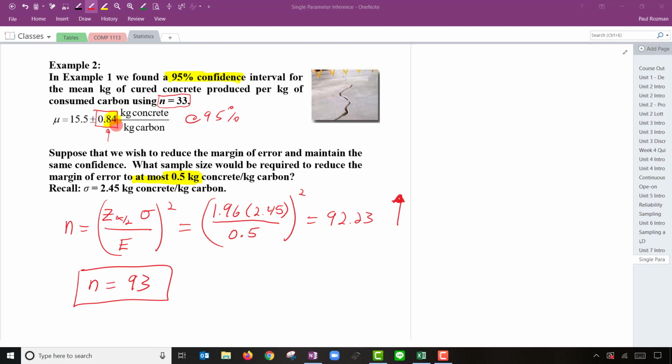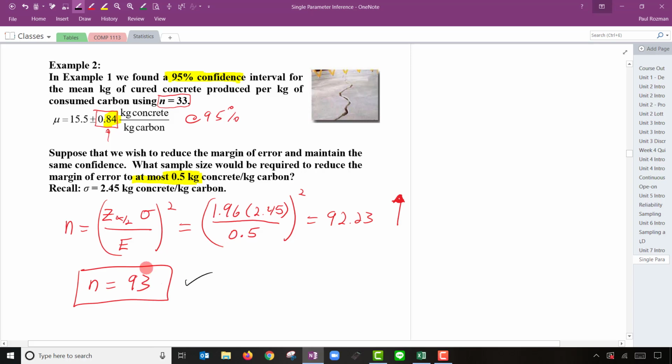Oftentimes you'll calculate the sample size that is desired. This is your starting point, and then you ask, can I afford this? And if I can't, maybe I can live with an error of 0.6, and then you'll calculate this, and then 0.7, and you keep messing around with your error until you find what you can afford.